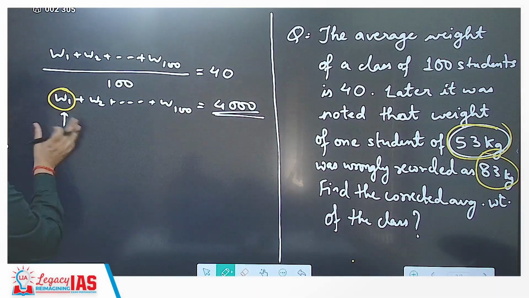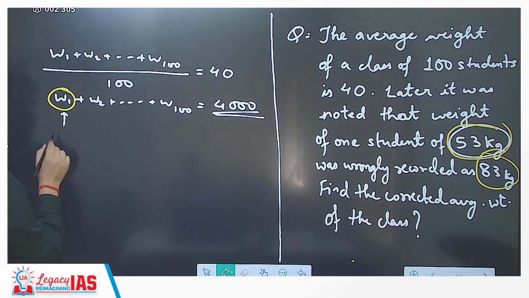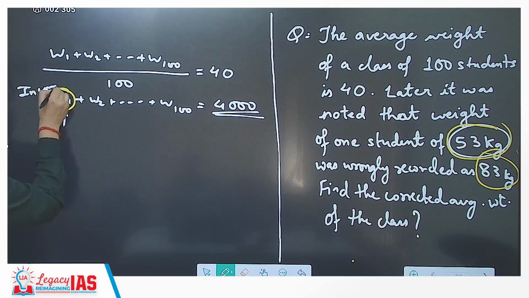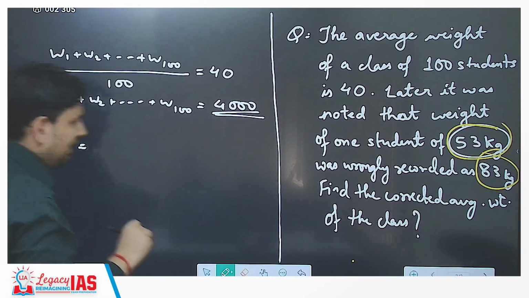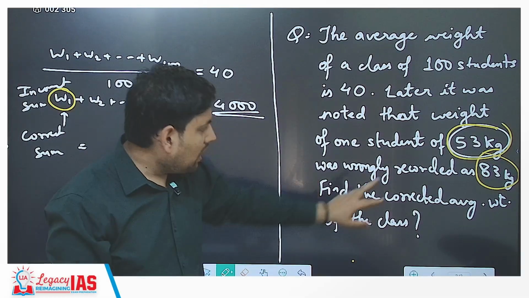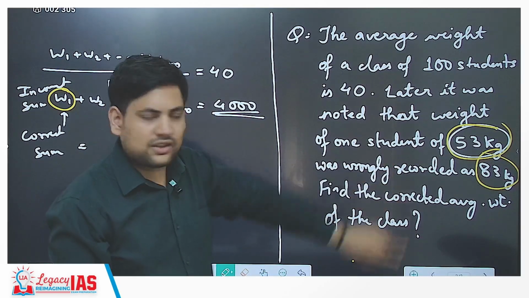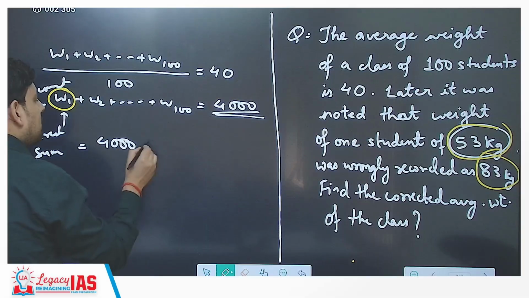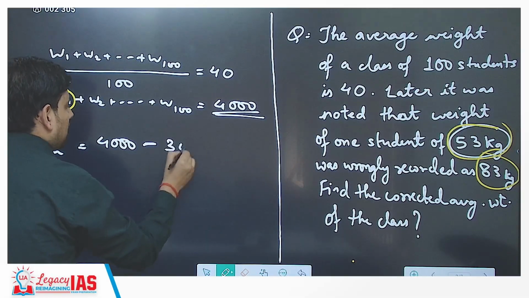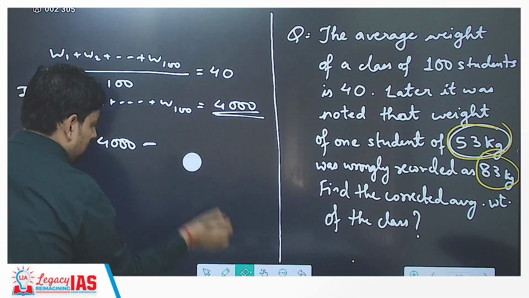So you make the changes here now. This is the incorrect sum. Now what will be the correct sum? Basically, you have counted his weight 30 kgs extra. So the corrected sum will be what? 4000 minus 30, or in place of 30 also you can write what?